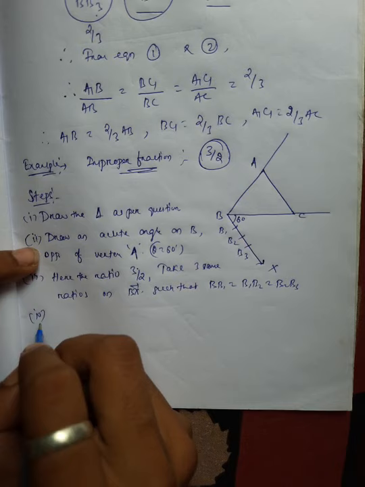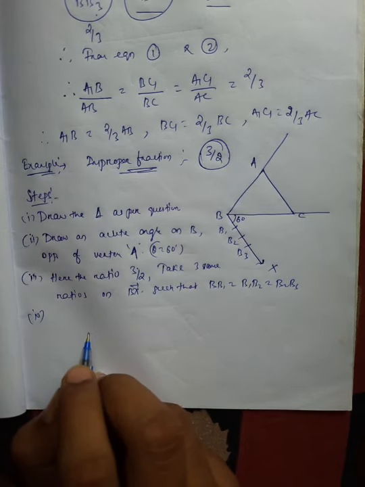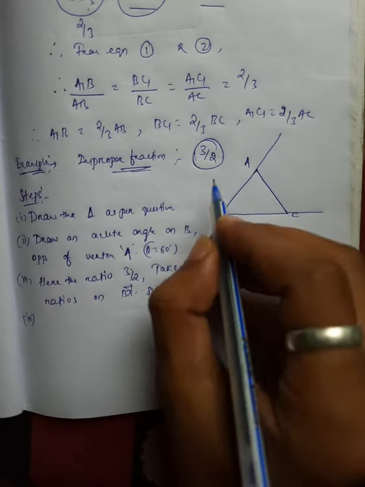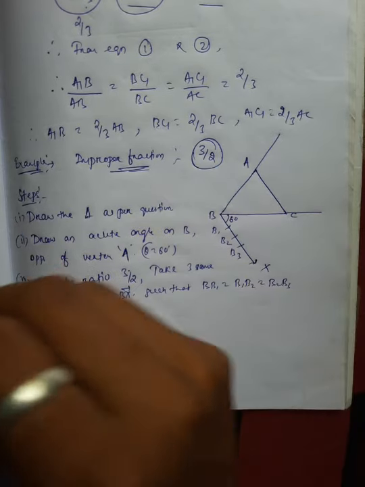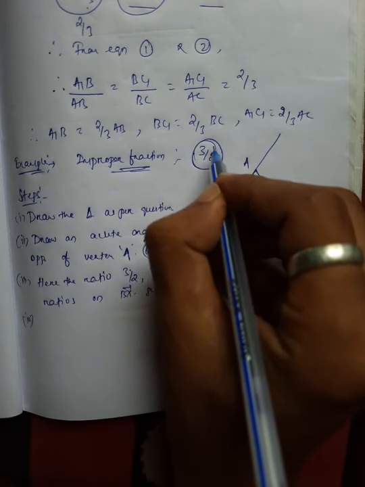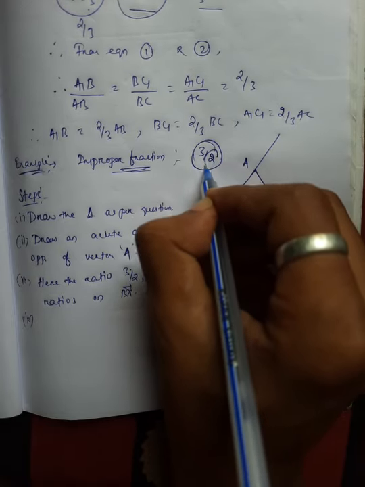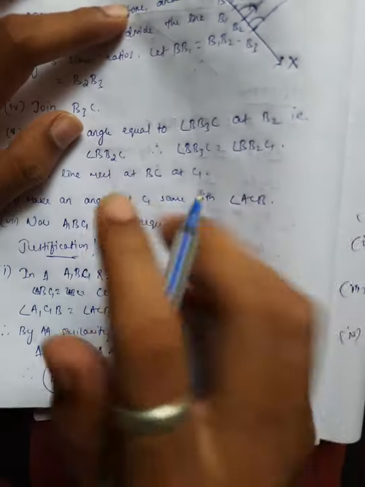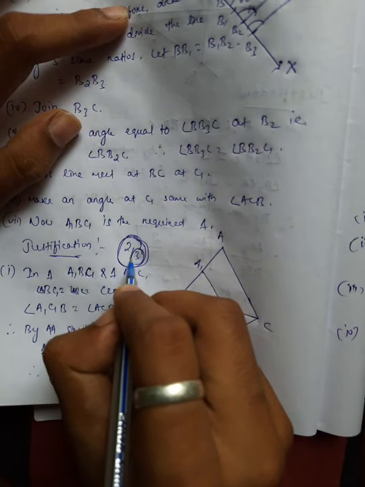The difference between the proper fraction and the improper fraction is that here 3 by 2 is present and there 2 by 3 is present. So we have to see which is in the denominator. Here 2 is in the denominator, and in the first case we just read, 3 was in the denominator.